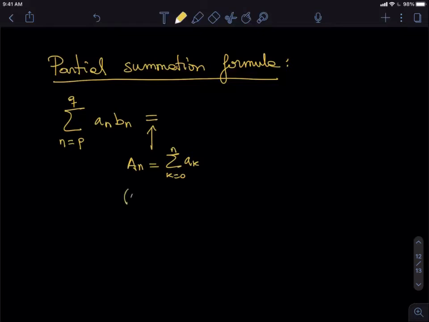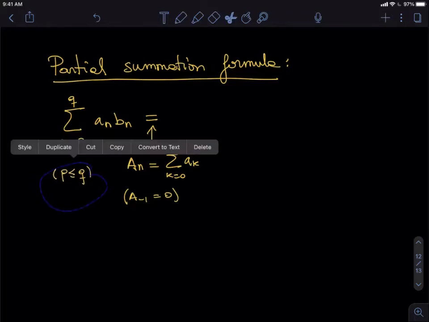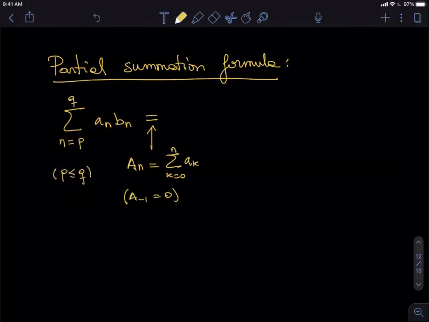We will say, if it comes to that, A_{-1} we will define it as 0. Okay, and we will always, of course, say that p is less than or equal to q, because otherwise this sum is empty. But it's good to put it as a disclaimer.